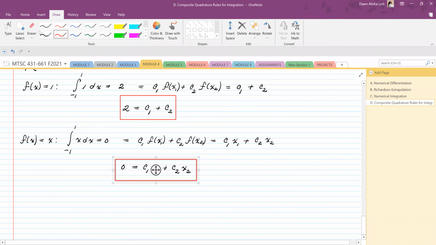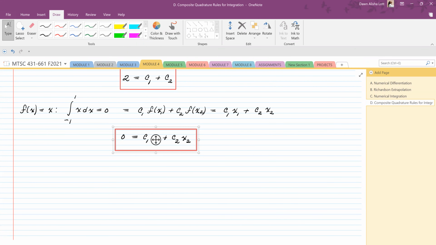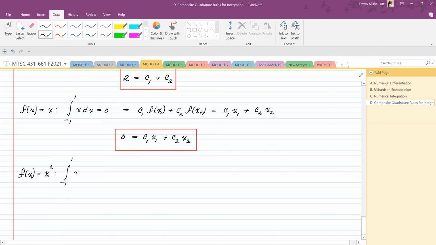Okay. f of x equal to x squared. So I get the integral from -1 to 1 of x squared dx, and that integral is just 2/3. But that has to equal c1 times f of x1, which is x1 squared, plus c2 times f of x2, which is x2 squared.